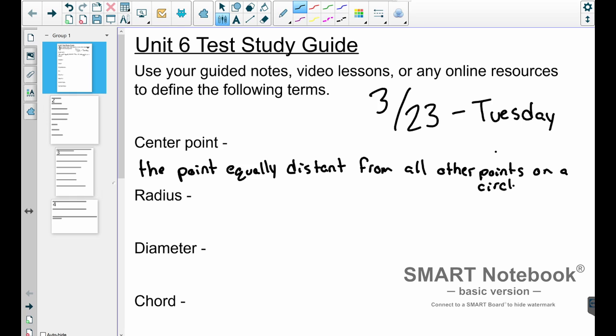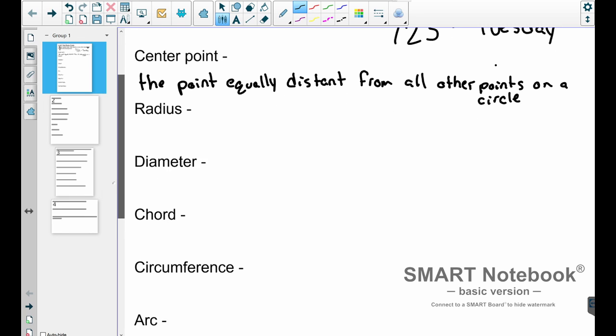And you can give a more bland definition to say it's the one that's in the middle. It's the very center of the circle, that dot right in the center, like the bullseye on a dartboard.